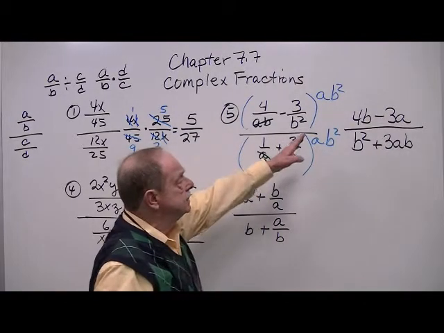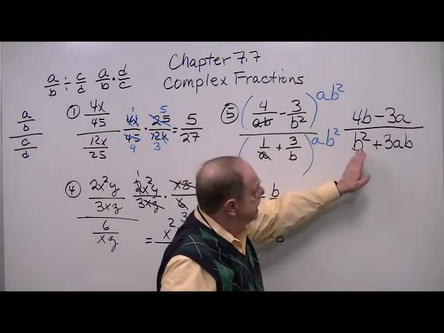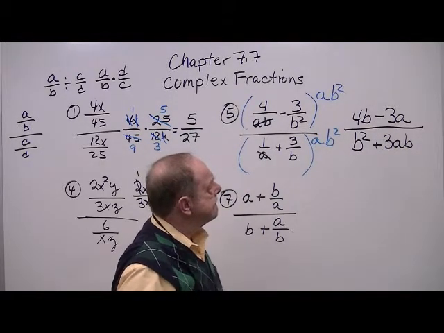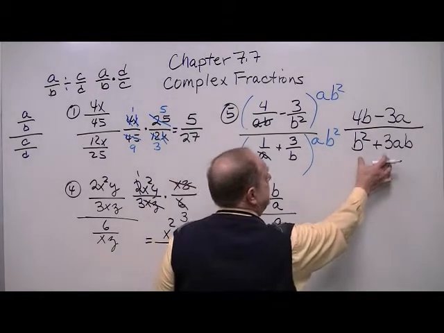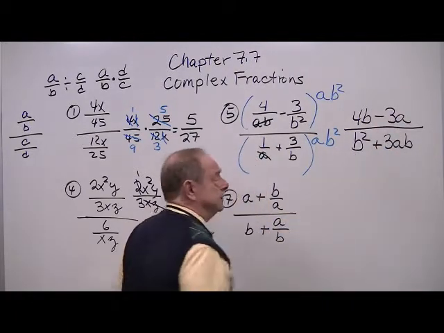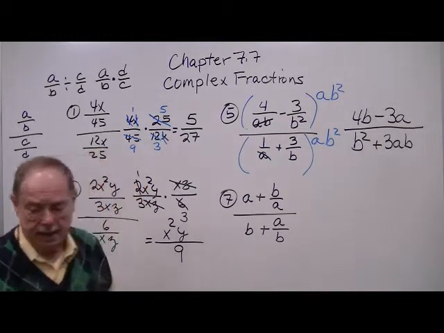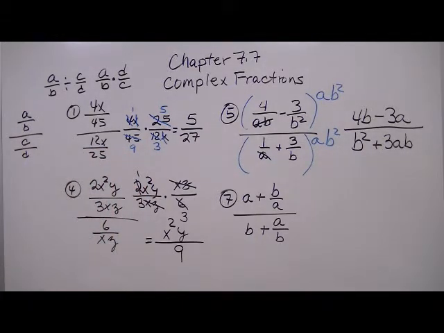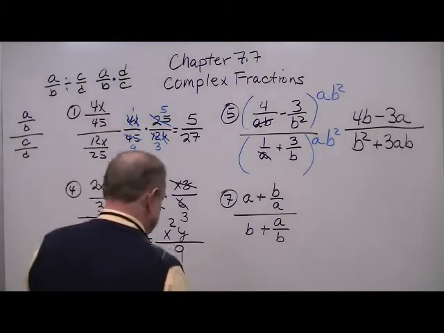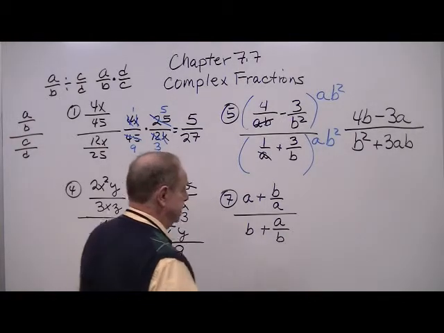Now as you look at this, can you cancel anything out there? No, you could factor a b out of here, but it's not going to cancel, so you can leave it like this. Now the same thing applies on the bottom one.